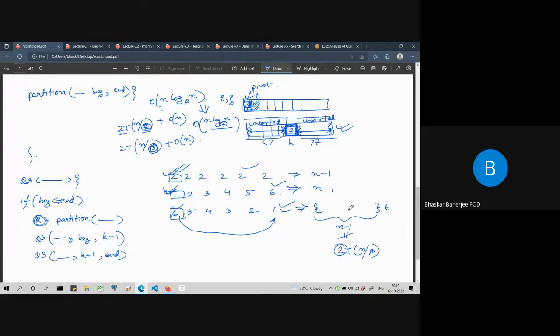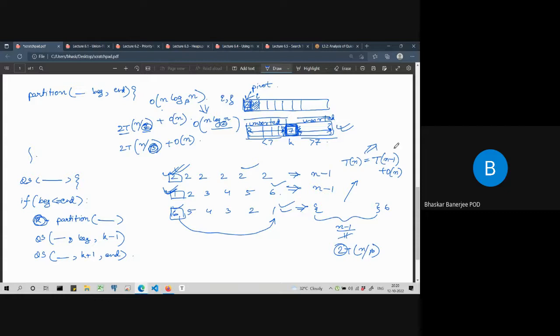So in this kind of scenario, our recurrence relation boils down to T(n) equal to what? We only got the array which is 1 less in size, so T(n-1) + O(n), because this is our n-1 size. So this is our new recurrence.